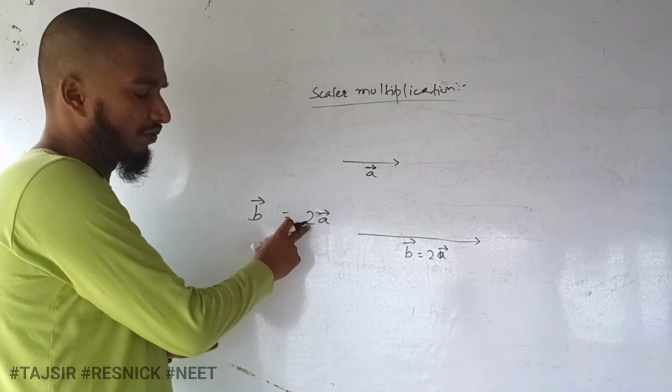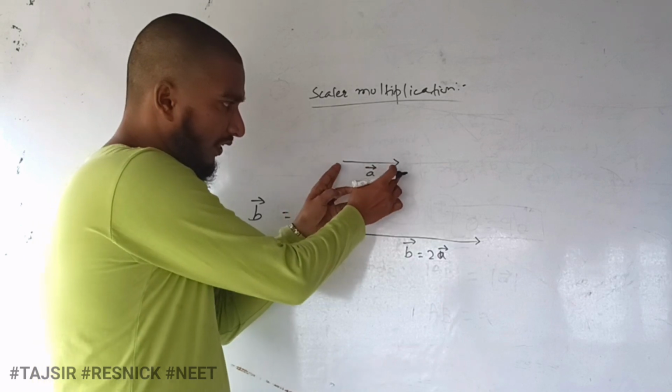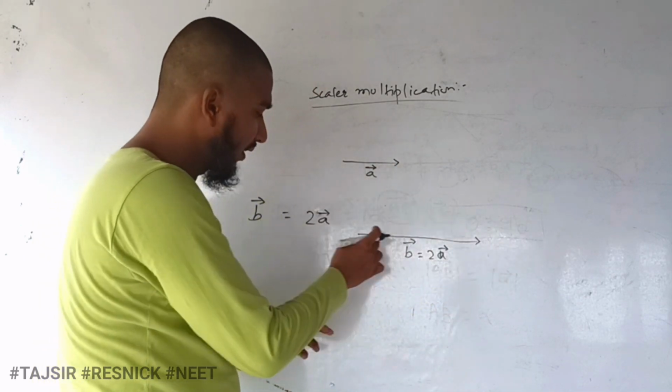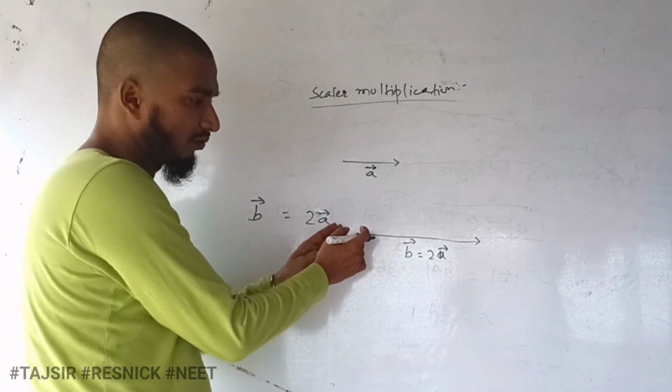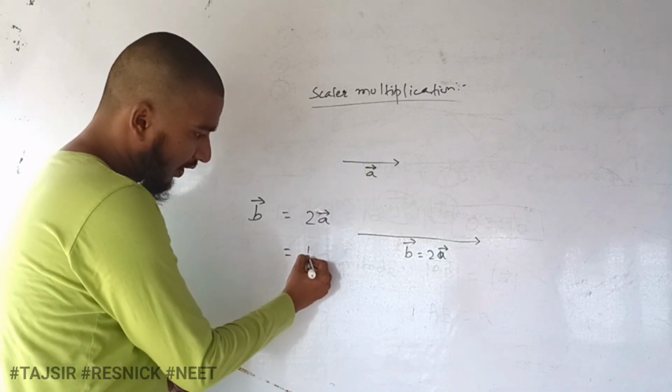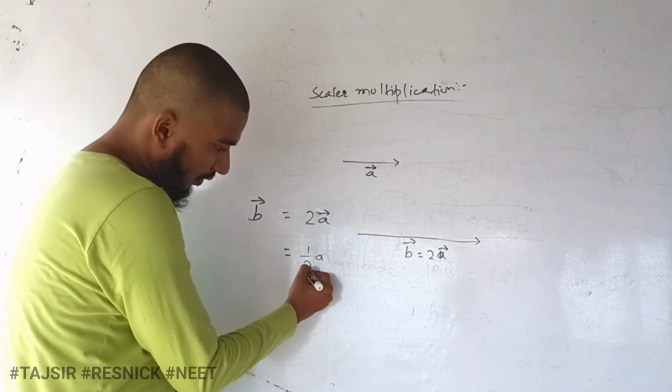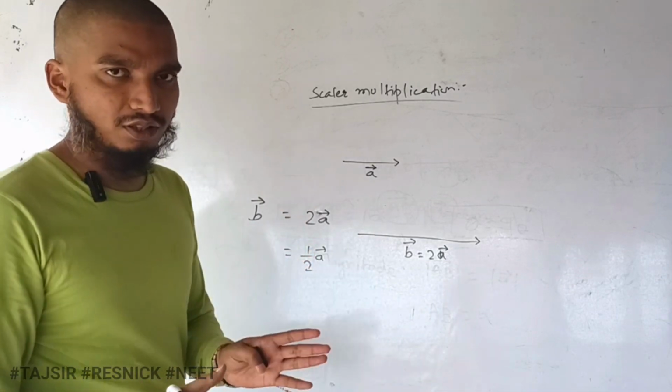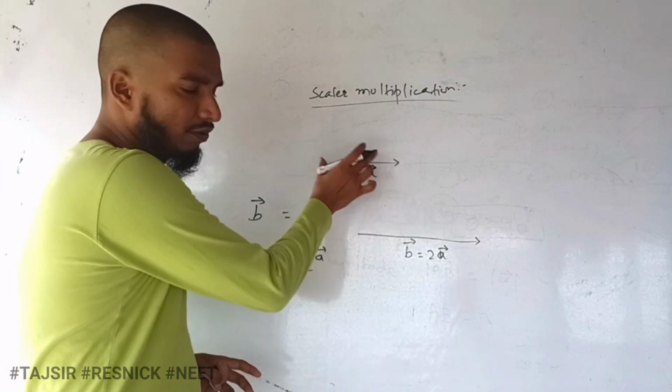If this factor is 2, then vector A is stretched 2 times. If it is 3, then the vector will be stretched 3 times. And if it is half, then the vector will be shrunk to half of A.